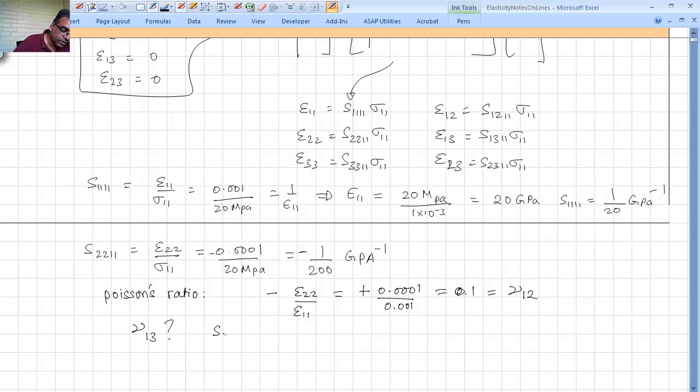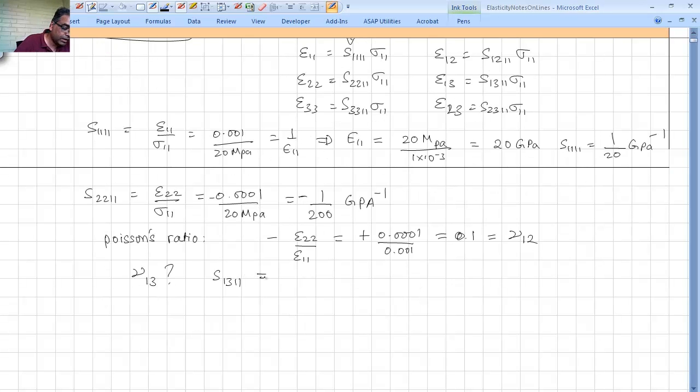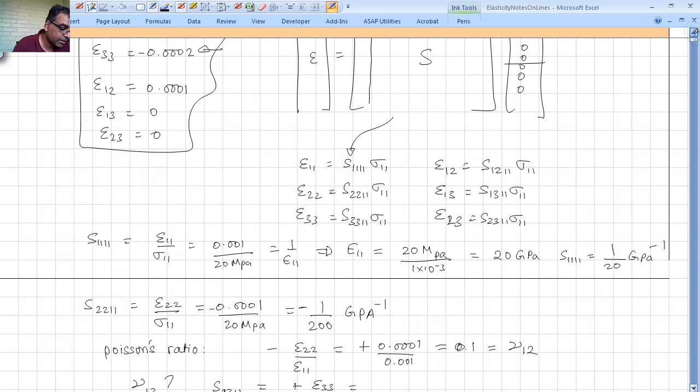What about S1311? S3311 is easy. It is epsilon 33 over sigma 11. How much is epsilon 33?